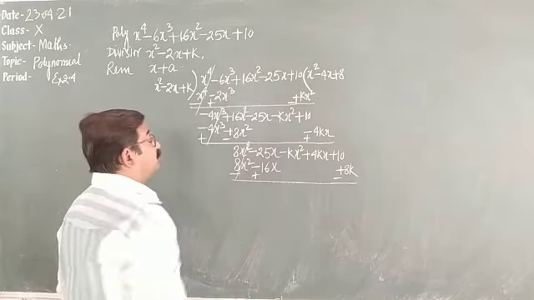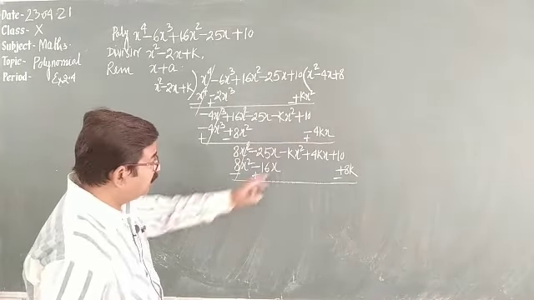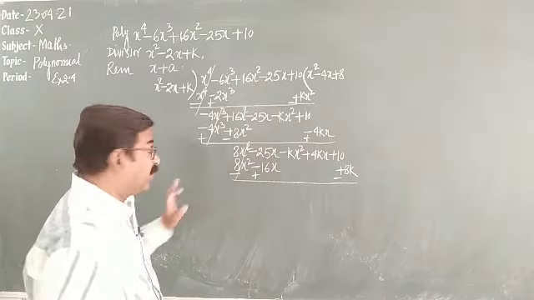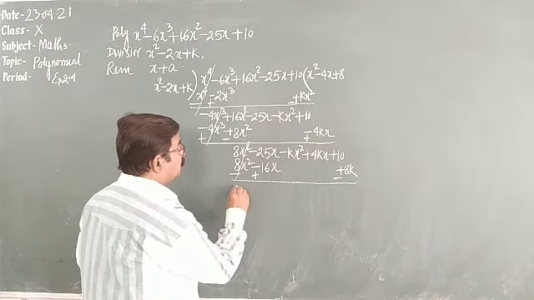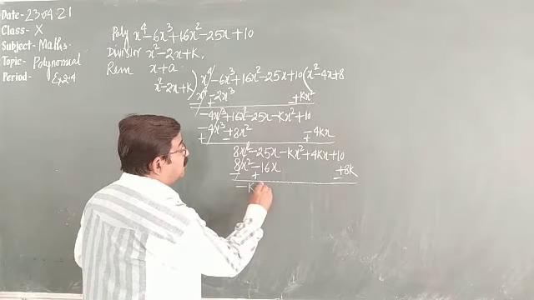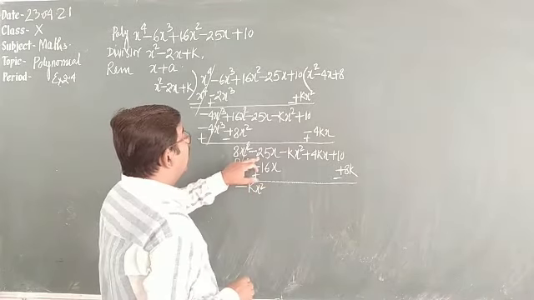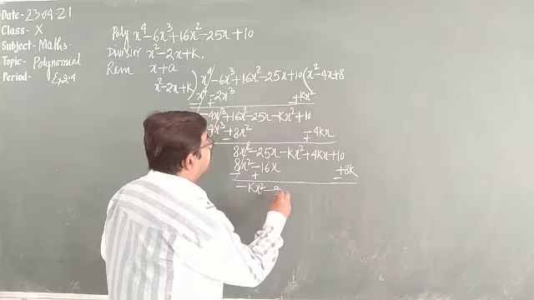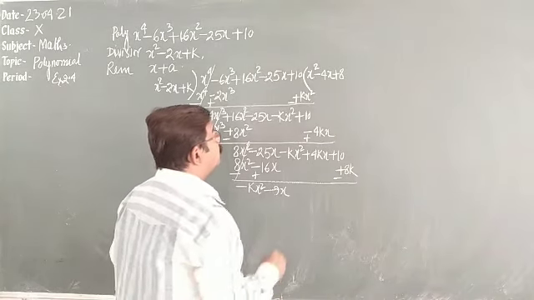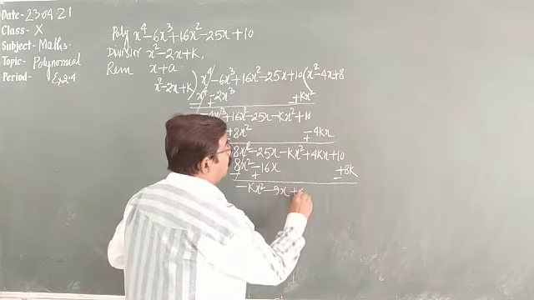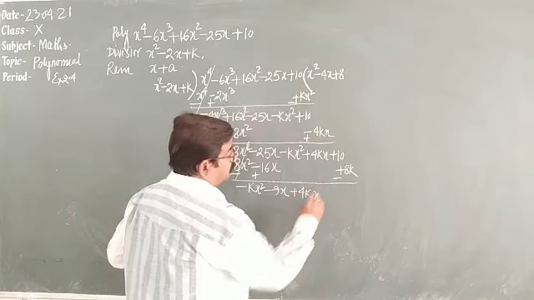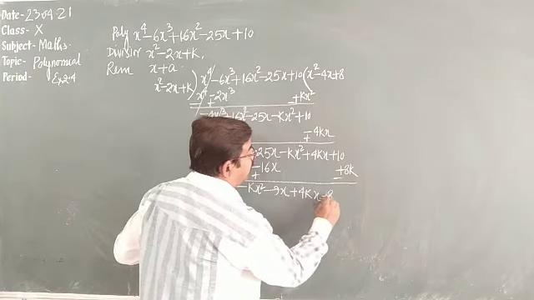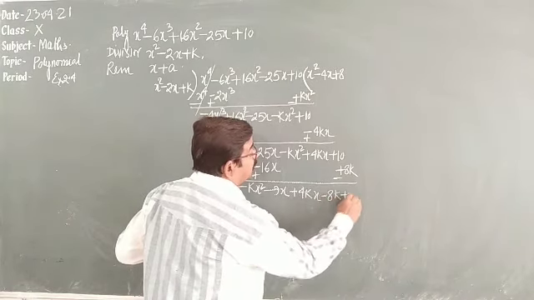This will go now. Now what is left? Kx square I am writing first. Minus kx square, minus 25 plus 16 is minus 9x, plus 4kx minus 8k plus 10.